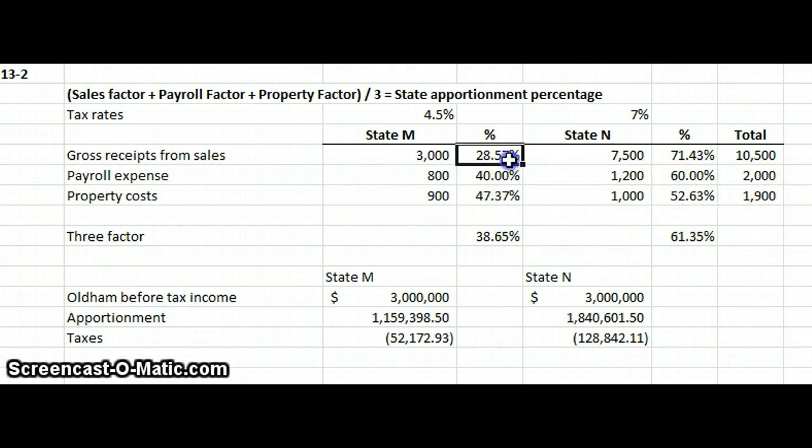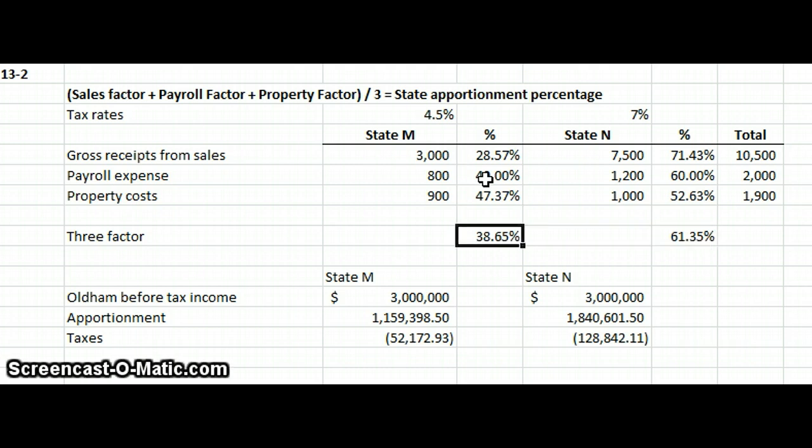We calculate the percentage on each. So we're just going to take our gross sales in column C5, divide it by our total of 10,500. 28.57% is for my gross receipts from sales, and then we just go down and around for each one of these to get our percentages.